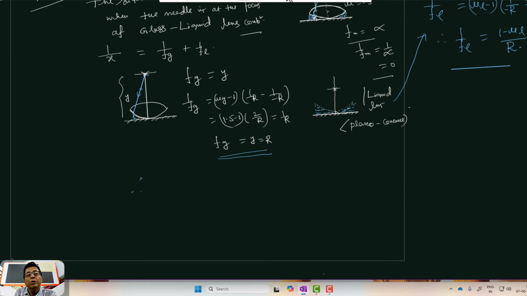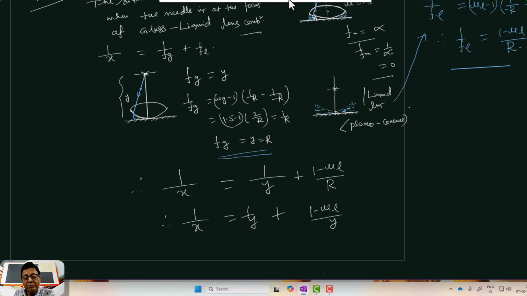Therefore, 1 by X equals 1 by Y plus (1 minus mu L) by R. And this R is Y only.